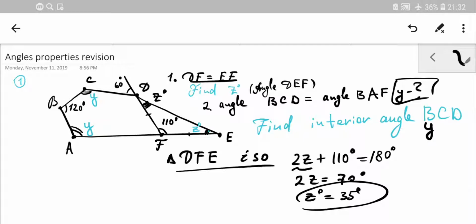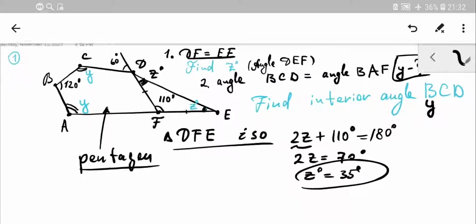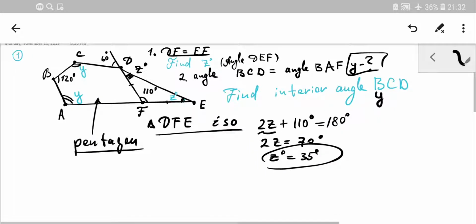In this case, obviously you need to use the bigger shape. Let's count: 1, 2, 3, 4, 5. So this is a pentagon. Remember the properties about polygons and interior angles, because it's all about angles, not sides.